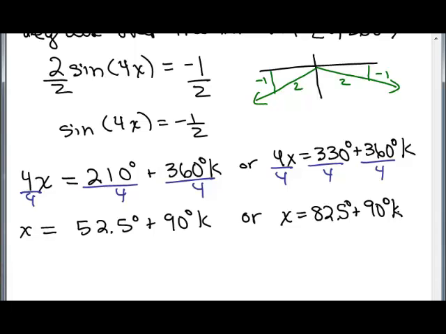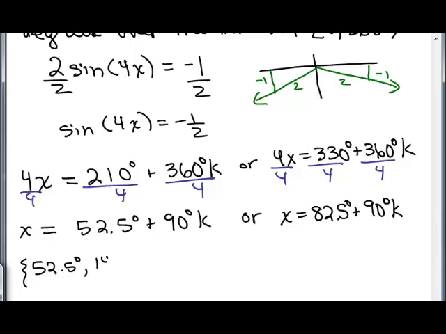If we were looking for all of the angles, this would be our answer, but we're only looking for the angles between 0 and 360 degrees. So let's work on this first part. I have 52.5 degrees, and I could add 90 to get another one. And if it's less than 360, that's another possibility.